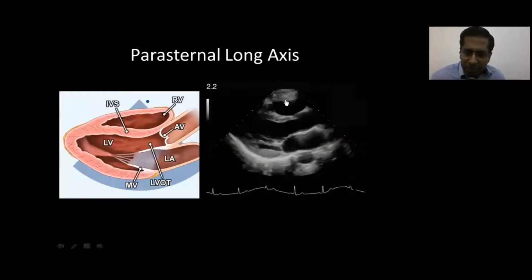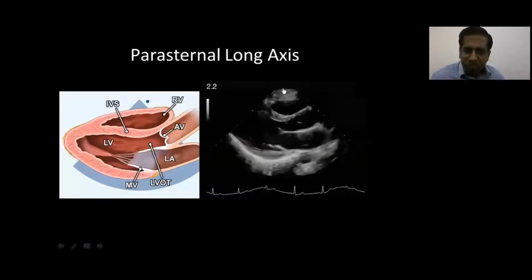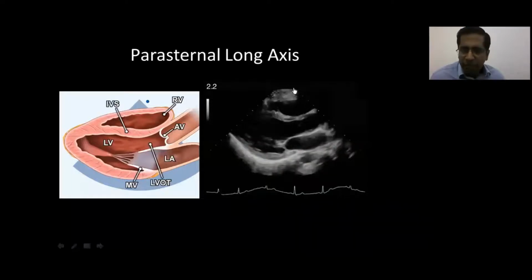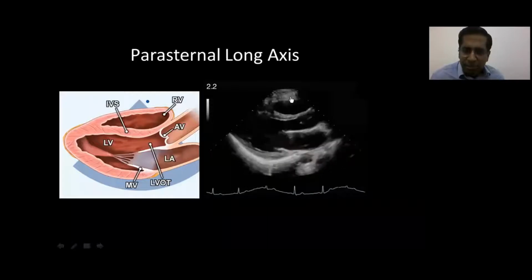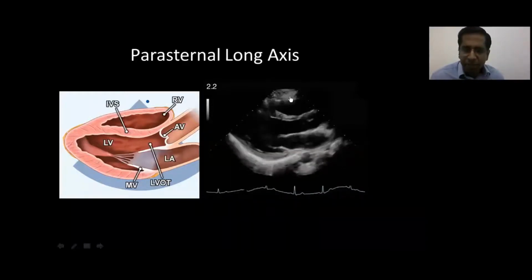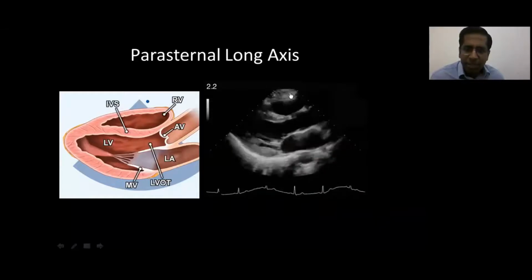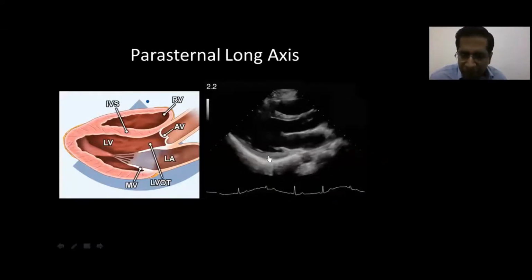What you can also see here is a bit of near field clutter in this particular patient. One way to avoid this might be to use the highest frequency probe possible, but in an adult with harmonic imaging, many times you may not have a choice but to use the probe that you are already using.